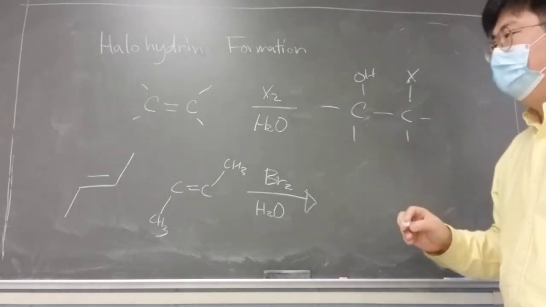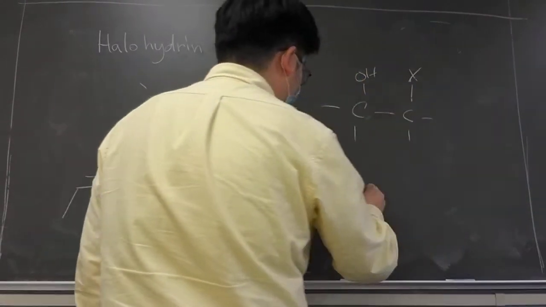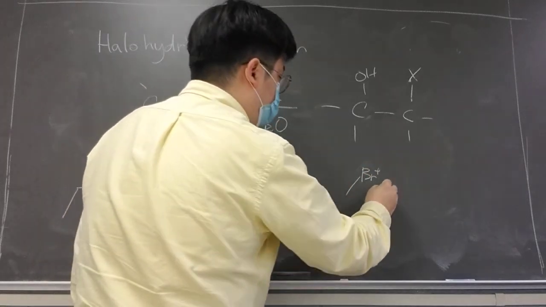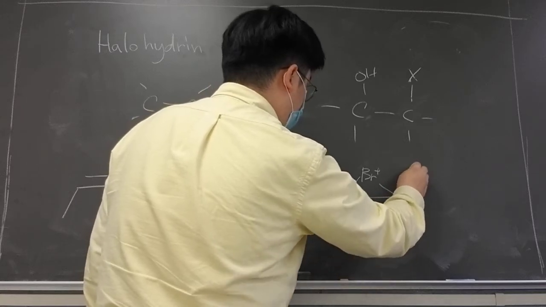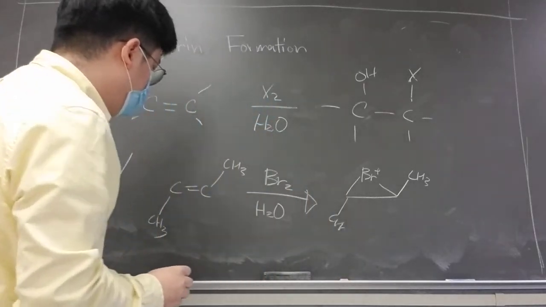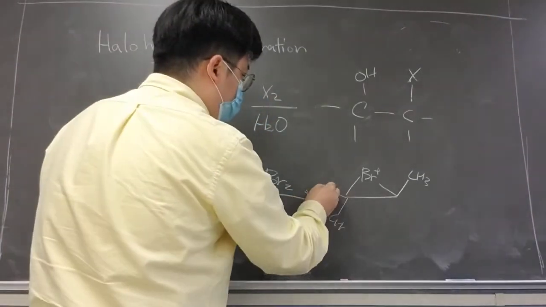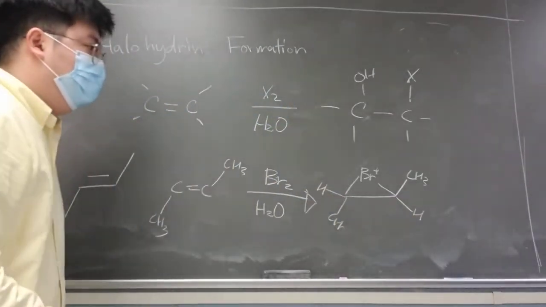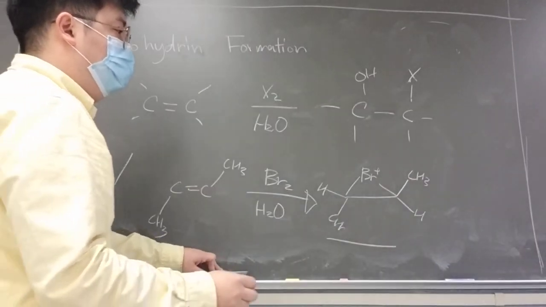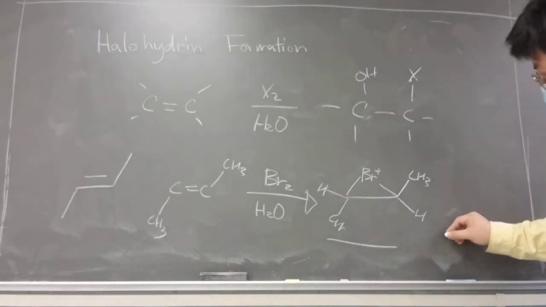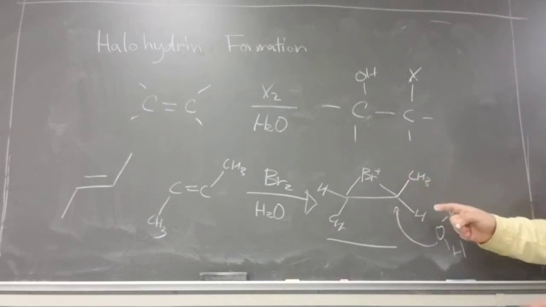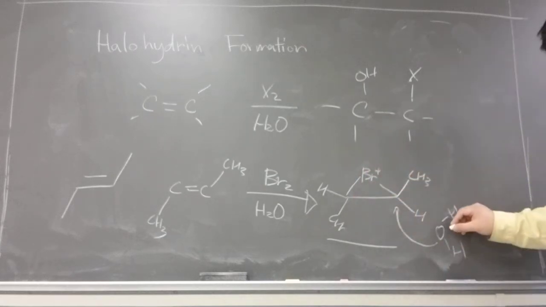If you look at this one and here, they're going to form a bromonium ion. If that is the one you already have, the water comes into this side here, not on the other, because this is already occupied on this side, right? So the water kind of.